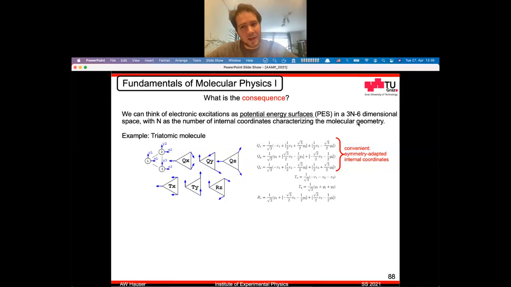Fortunately, it's not so common to have many states intersect each other. It's just a couple of states, but this means that instead of just having a simple product of an electronic wave function and a nuclear wave function, in certain cases we will need a linear combination of these products.